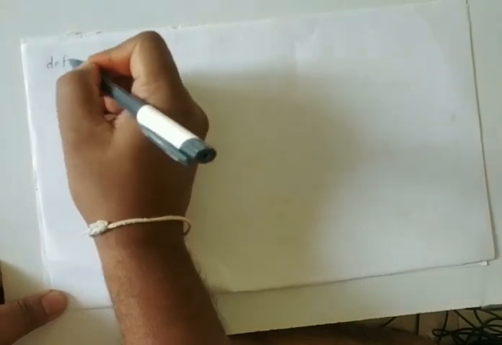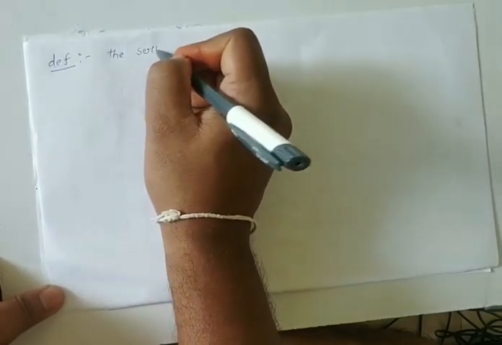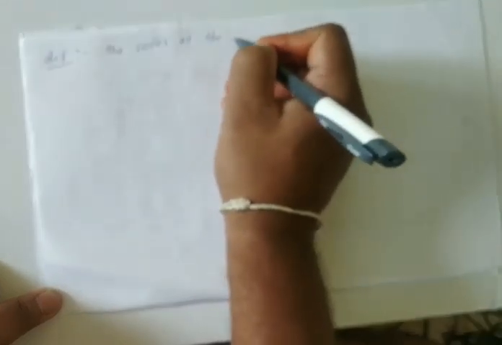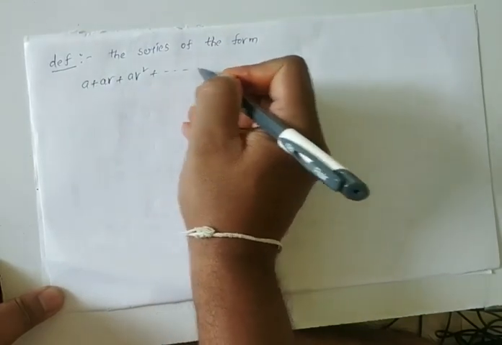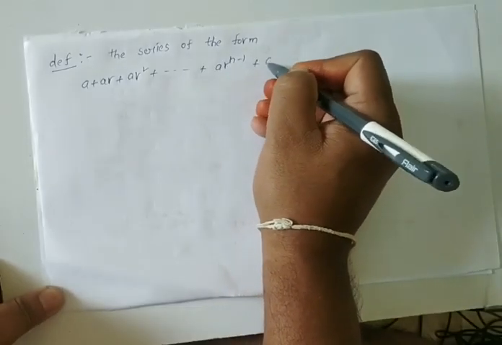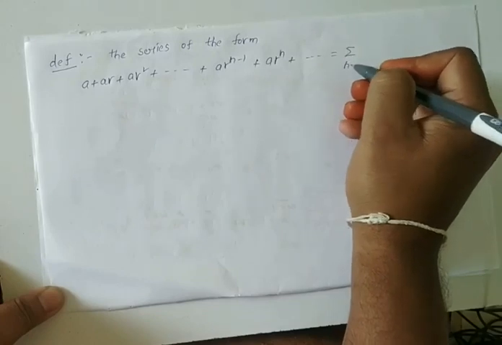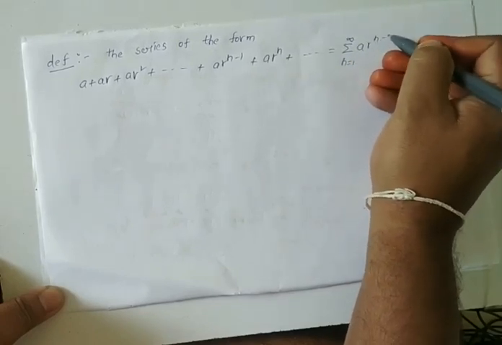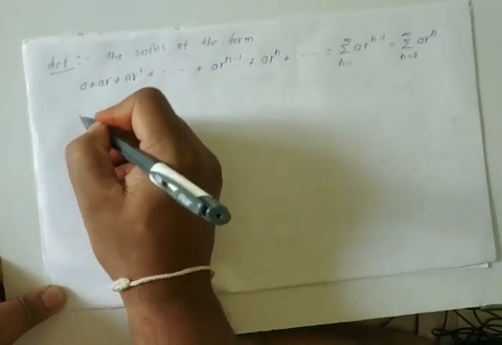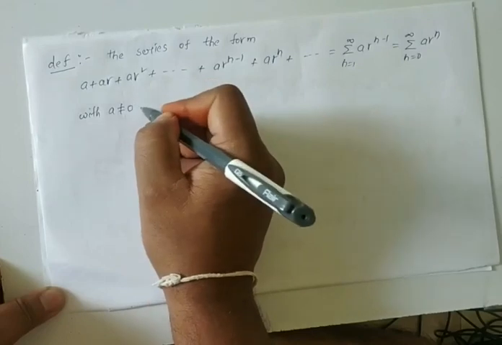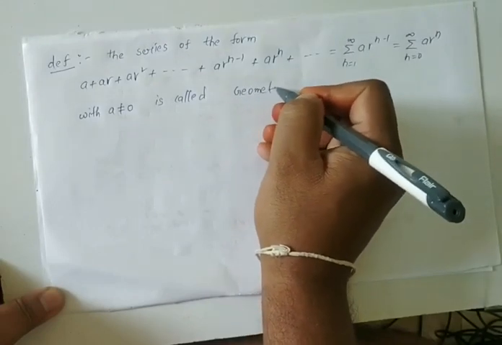The series of the form a plus ar plus ar square plus so on plus ar power n minus 1 plus ar power n plus so on, which is equal to summation n is equal to 1 to infinity ar power n minus 1, or summation n is equal to 0 to infinity ar power n, with a not equal to 0, is called a geometric series.